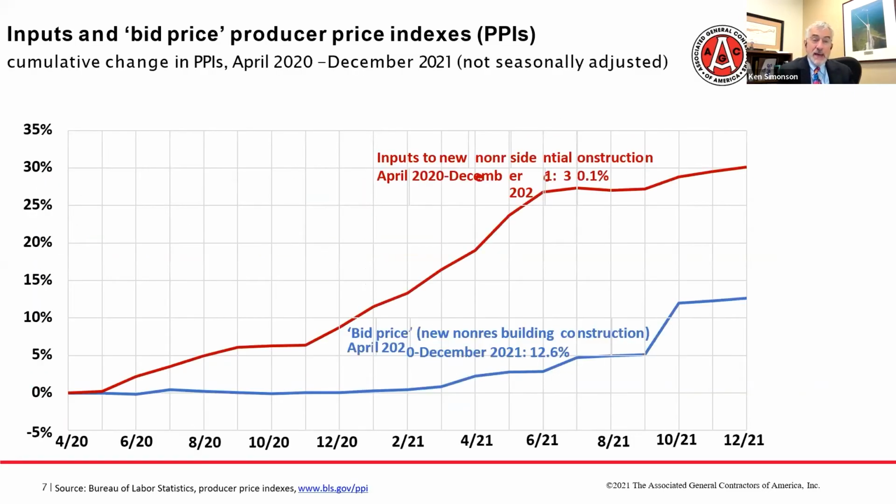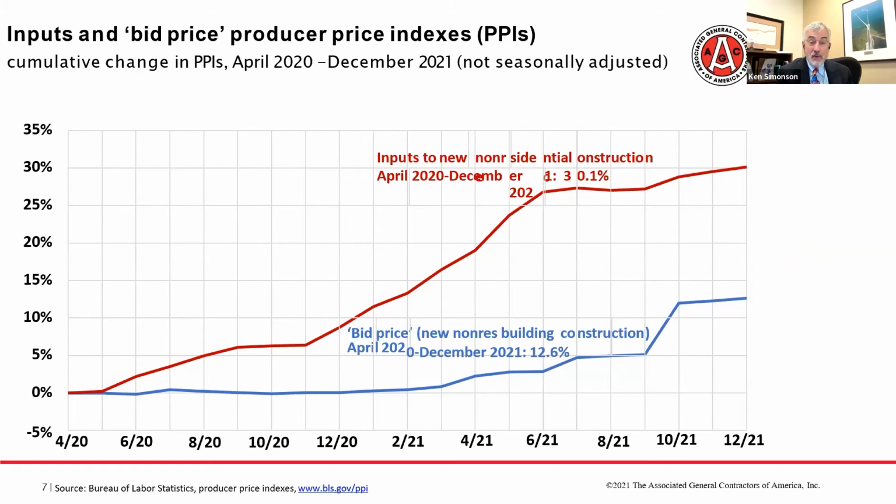Let me move on to what's happening to costs. The top line here should have been labeled inputs to new non-residential construction. This looks like an incomplete crossword puzzle. April 2020 to December 2021, up 30.1%.